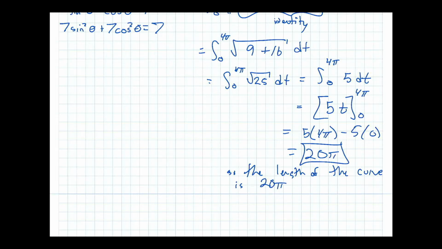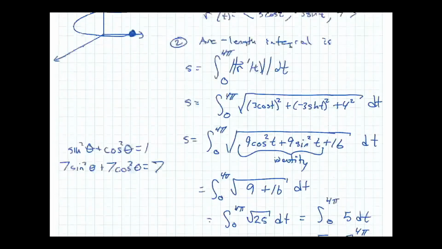So the length of the curve is 20 pi. So that's how it goes when everything is nice.